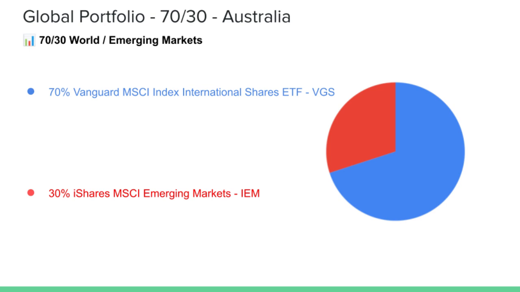But if you check the country diversity, definitely consider the how to research an ETF portfolio videos with that PDF that's also there that gives you guidance, and check out the different factors here to be aware of the country diversity and so on, because VGS is a world international shares ETF, but it has a very strong America component, so it's mostly US stocks, so you have to be aware of this.